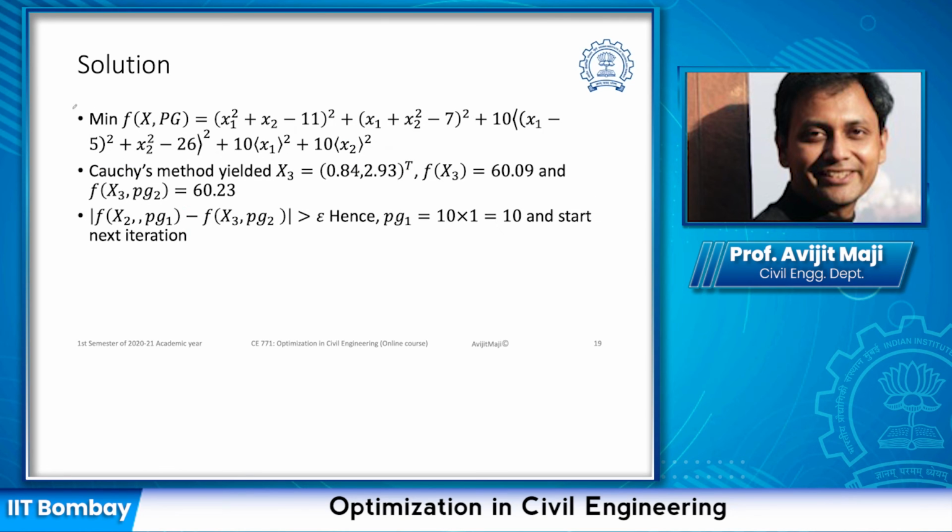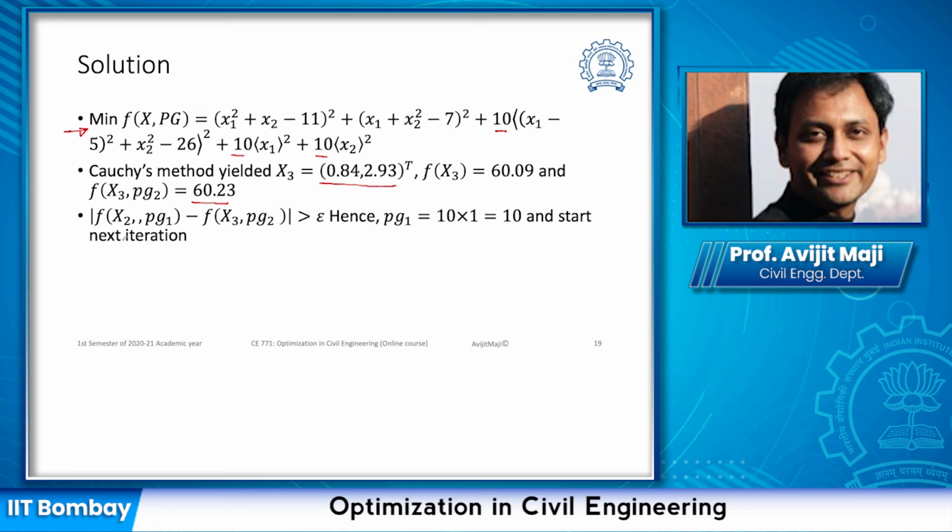In the next iteration, our transformed objective function is going to be like this, where you will see the penalty parameters are now 10. We use the Cauchy method, which is going to yield the x3 value of this, and the value of the transformed objective function is going to be this. At this point also, you may find that the constraint is still being violated, but the amount of violation is very low.